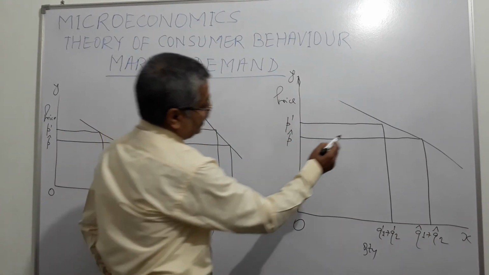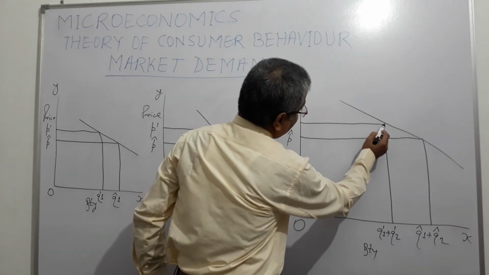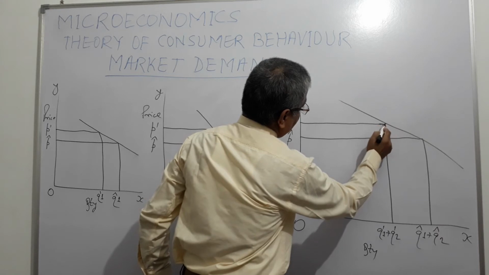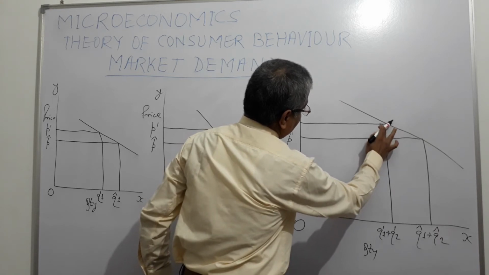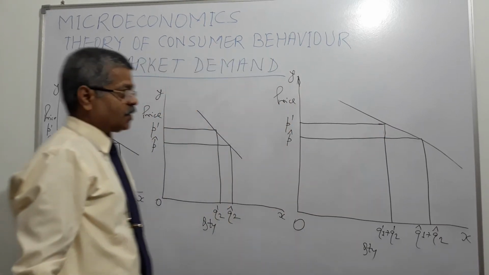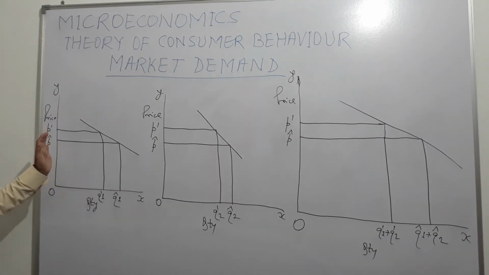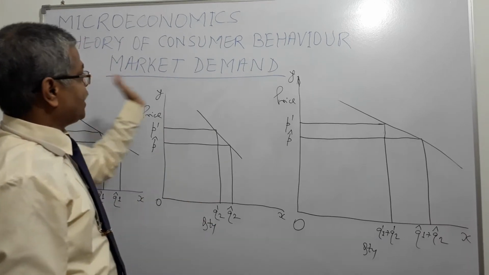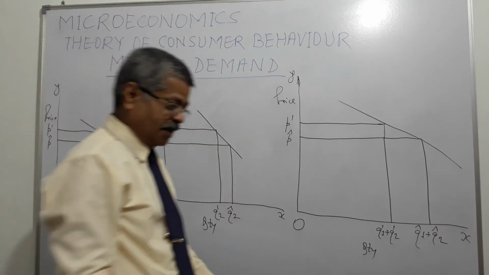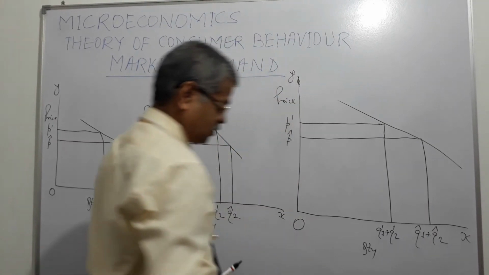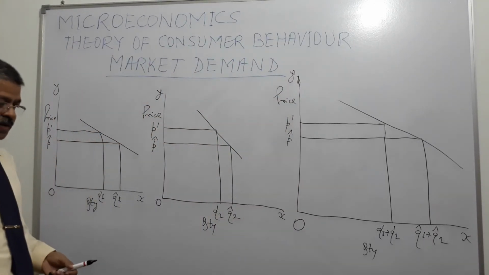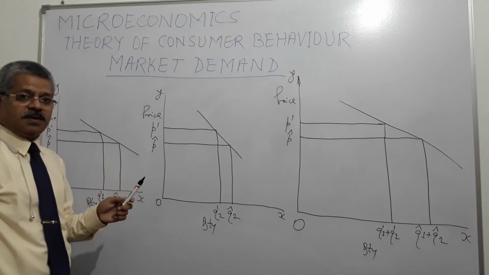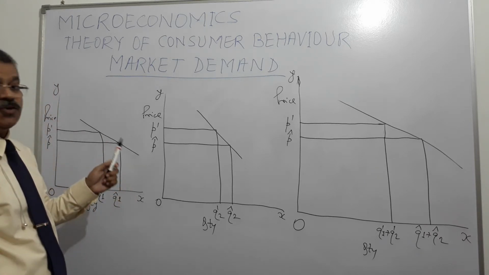So we get the horizontal summation of the demand curves to arrive at the market demand of the product. Before this, in the previous chapter, we saw the individual demand curve.